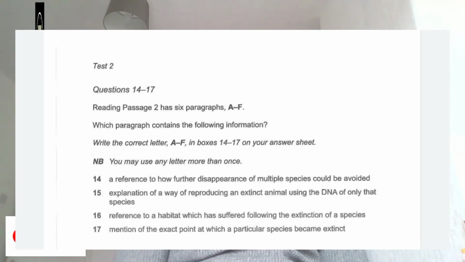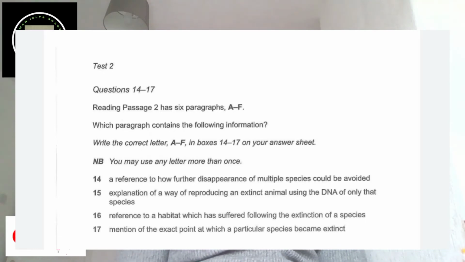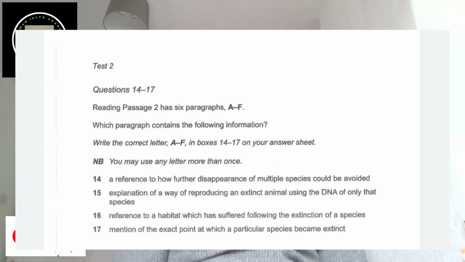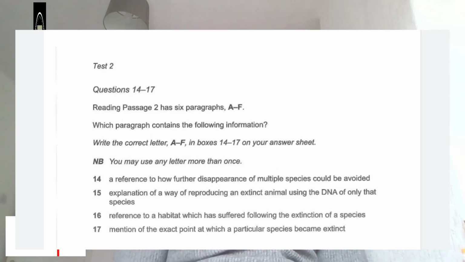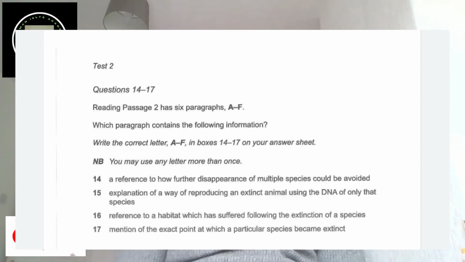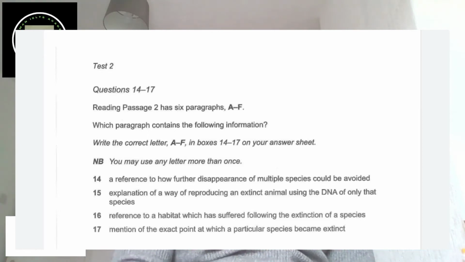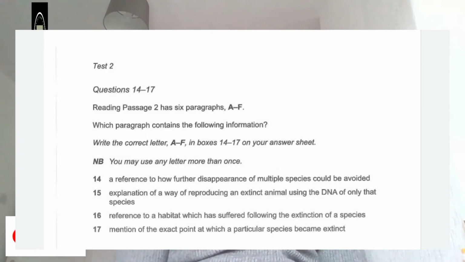Mention of the exact point at which a particular species became extinct. I think they talk about something like that. Now, let's go back. So, I'm suspecting question 15 and 17. I can now go back to confirm them quickly.